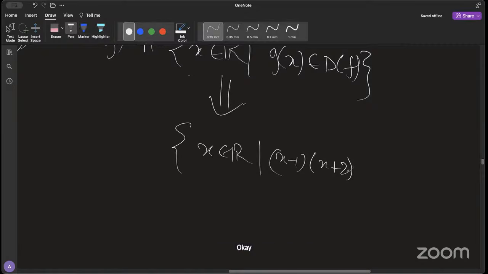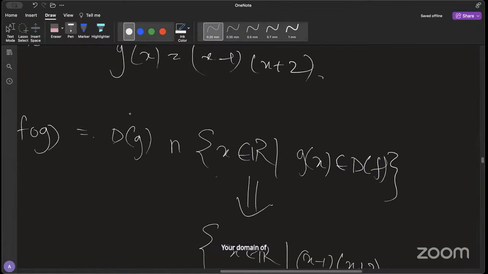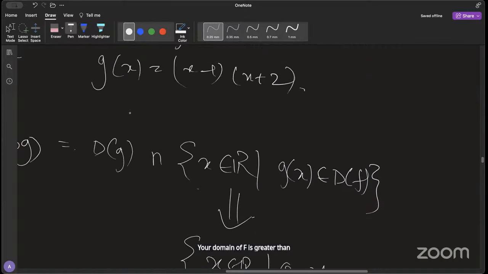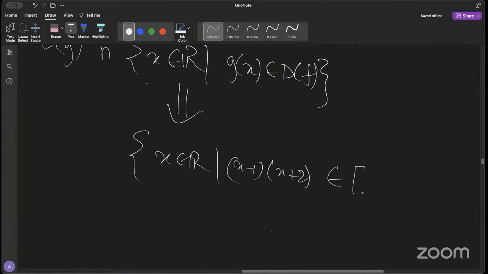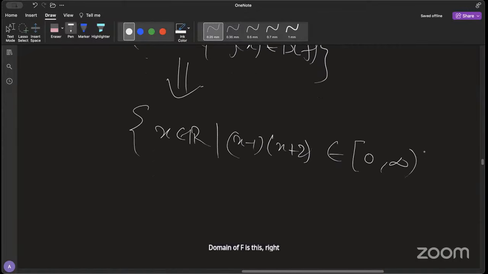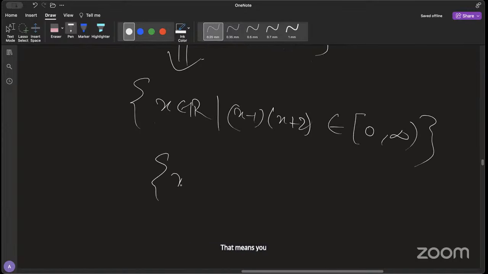So the domain of f is this, right? 0 to infinity. That means you need x such that (x minus 1)(x plus 2) is greater than 0.